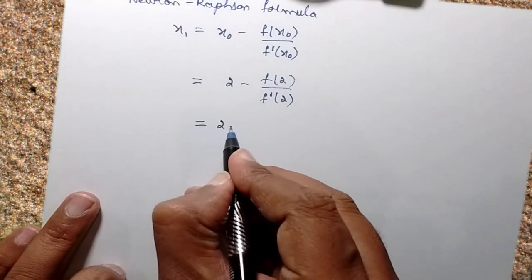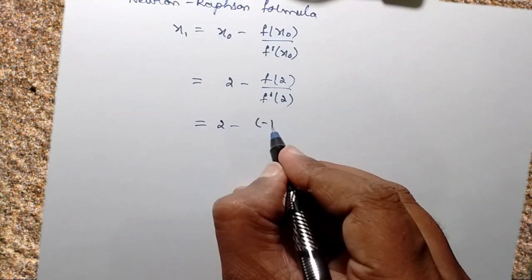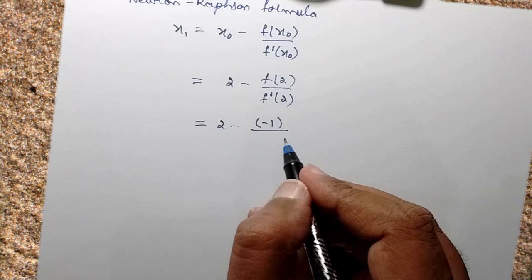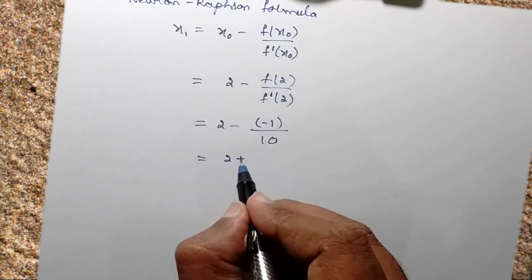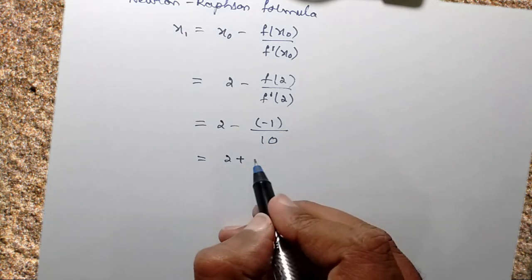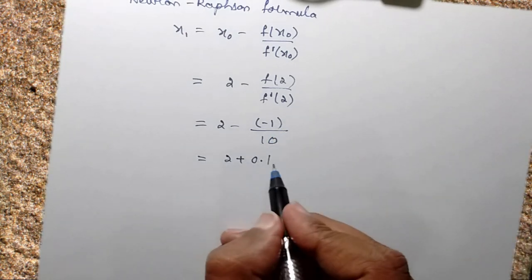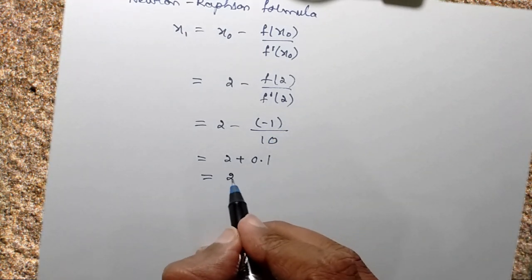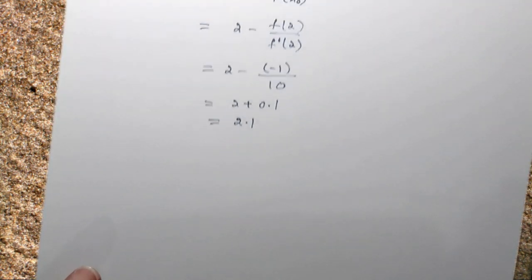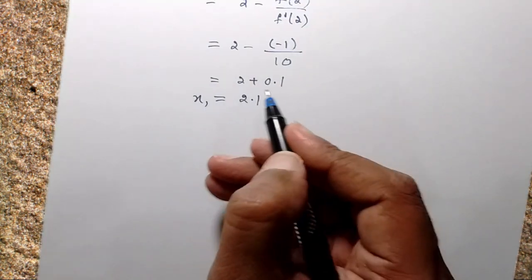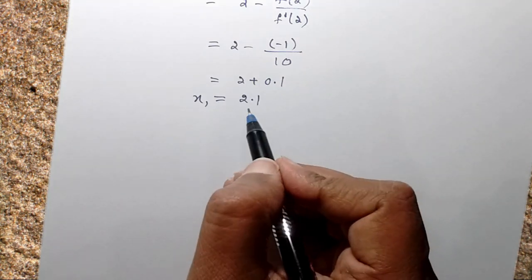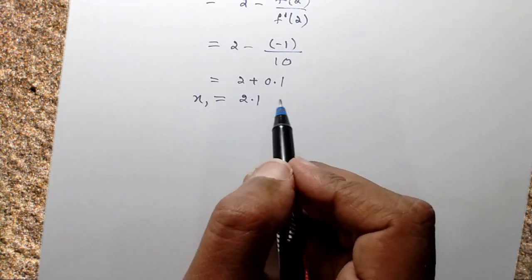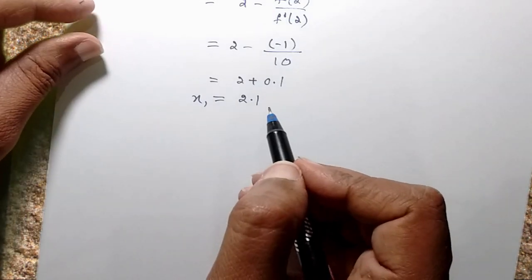So therefore it is 2 minus. What is f of 2 value you got? You got minus of 1 whole divided by. What is f dash of 2 you got? You got it as 10. So it is minus of minus is plus 1 by 10. 1 by 10 can be written as 0.1. So 2 plus 0.1 will be 2.1. So I've got the first value, that is x1 value, I've got it as 2.1.